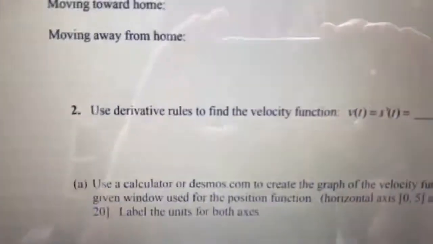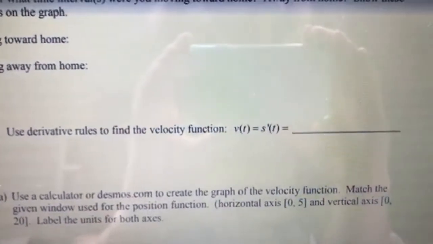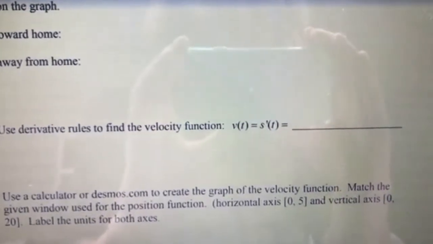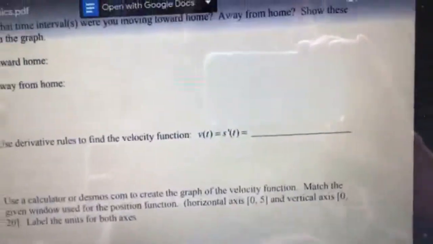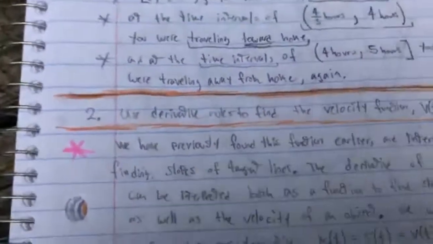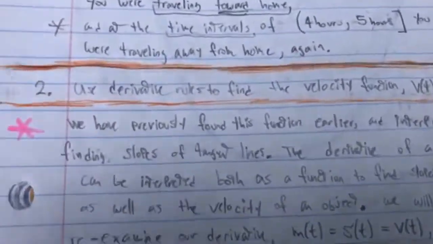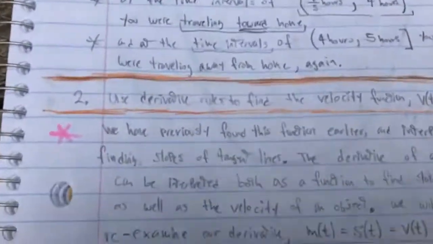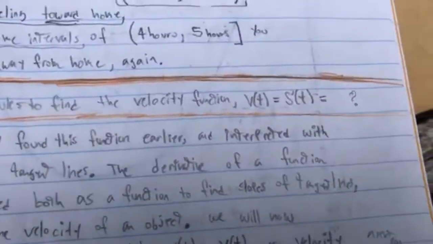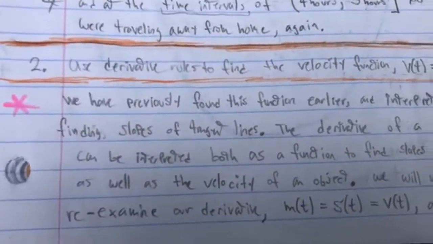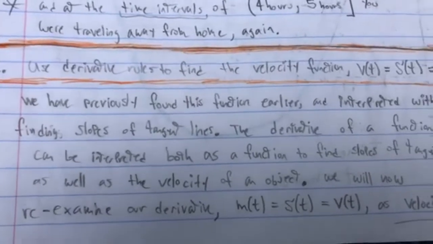Question 2. Use derivative rules to find the velocity function v of t equals s prime of t, the derivative of s of t. So as you can see, we have previously found this function earlier and interpreted it with finding slopes of tangent lines.